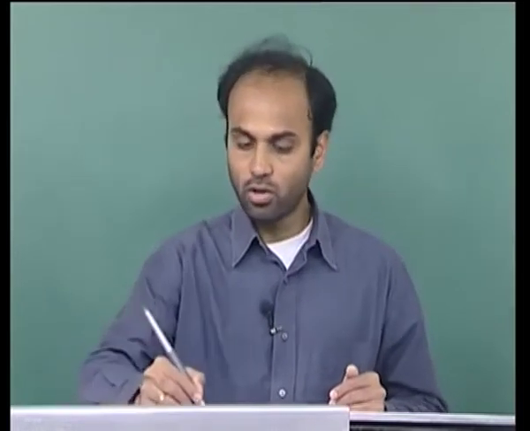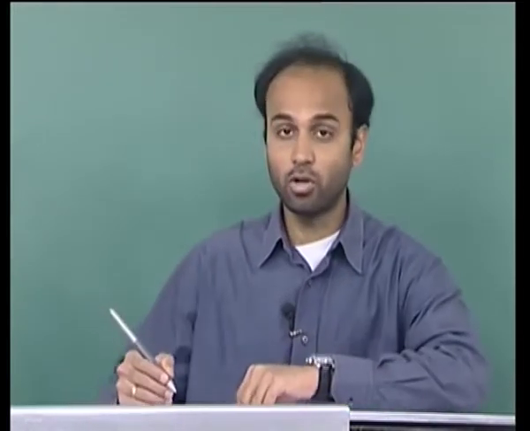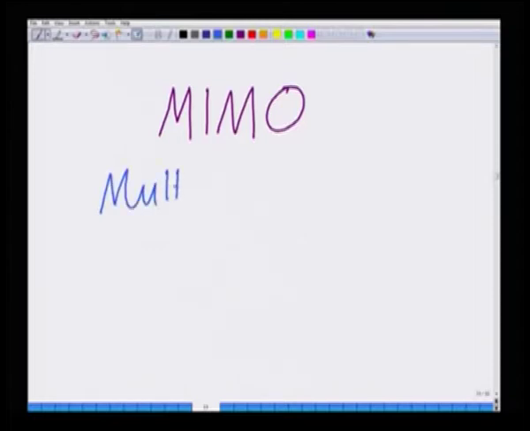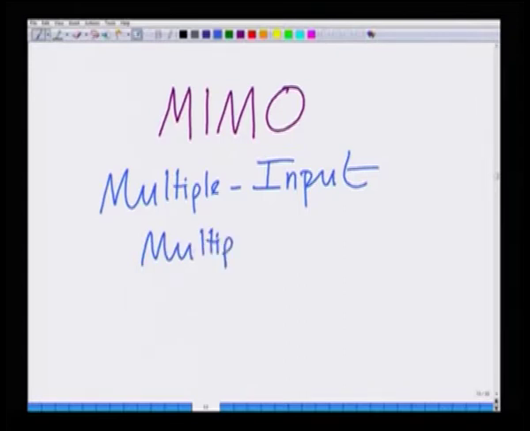So, with this we will move on to the next topic in this course, or the next module, which is a very important topic, MIMO. This is going to be abbreviated as MIMO, which stands for multiple input multiple output.